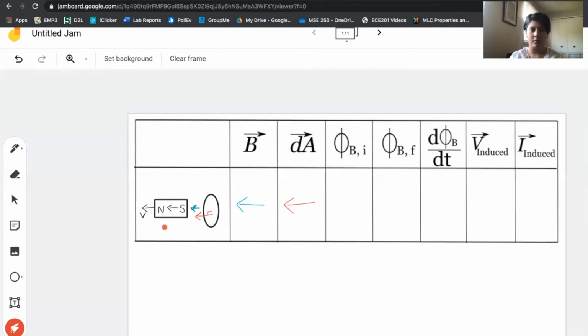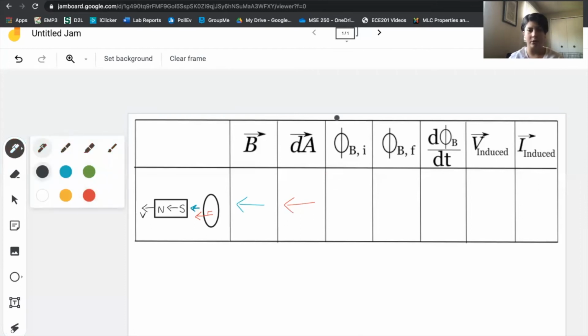And so we know from previous conversations that when you are farther away from the source, the B field is smaller. And so our flux, if we talk about the initial flux, it's closer. So that means that it's going to be larger. And like I said, this is all relative. And so we're going to say the flux initially due to the B field is big.